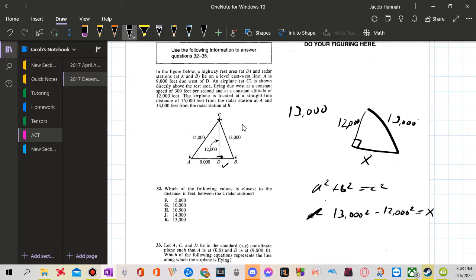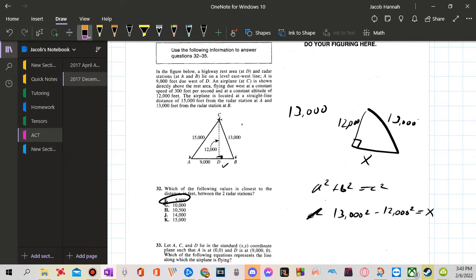You don't even have to do 13,000, you can do 13 squared. 13 squared is 169 minus 12 squared, 144, that's 25, which is x equals 5, but this is in thousands, so x equals 5,000. And that's correct.